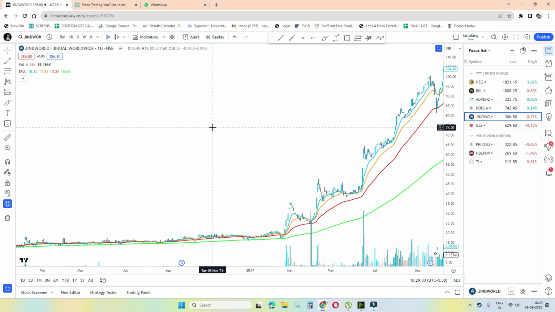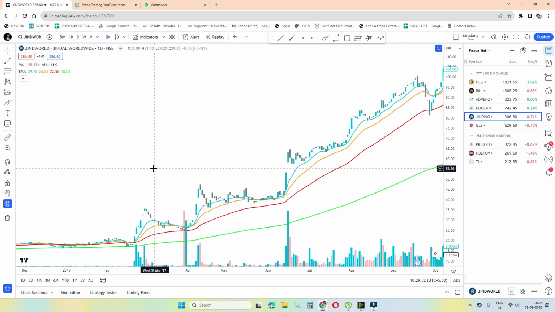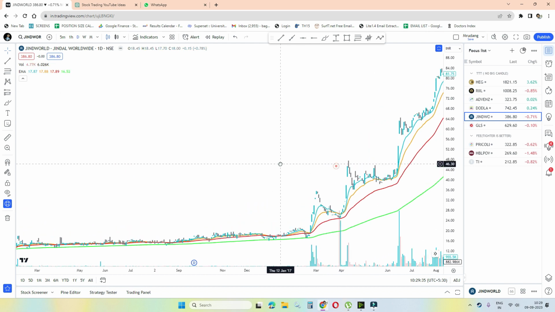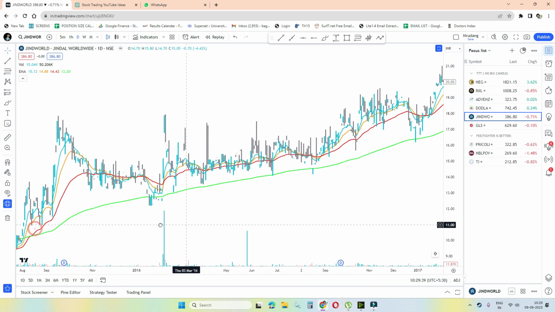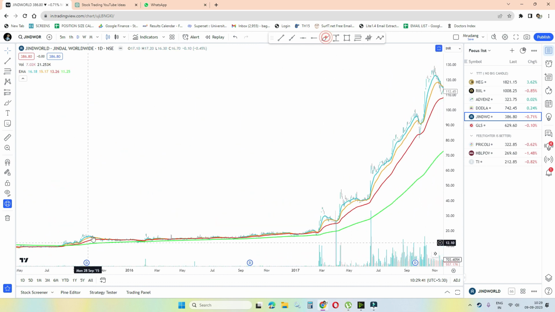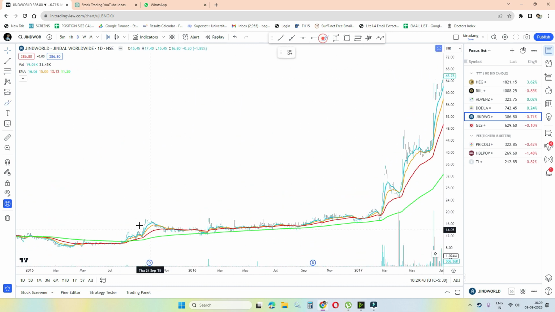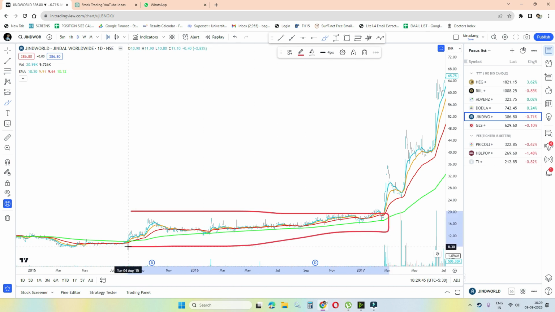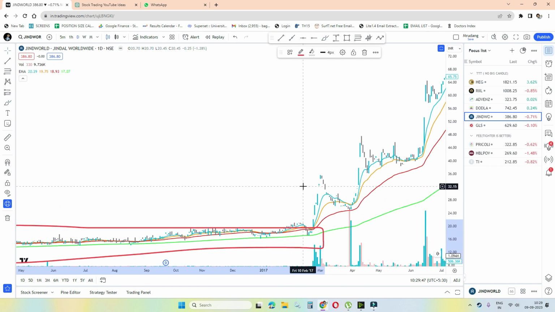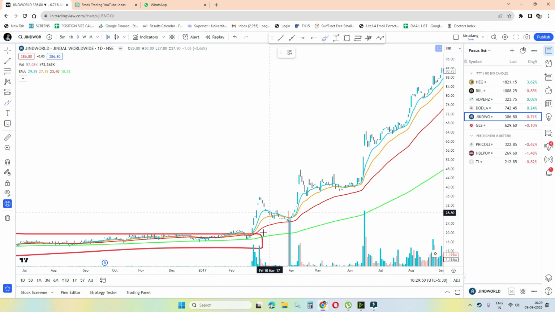That's why I use the 10 and 20 day also to give me an entry point. Now, as we discussed, we have to avoid this area just because it is sideways and it is not trending at all.